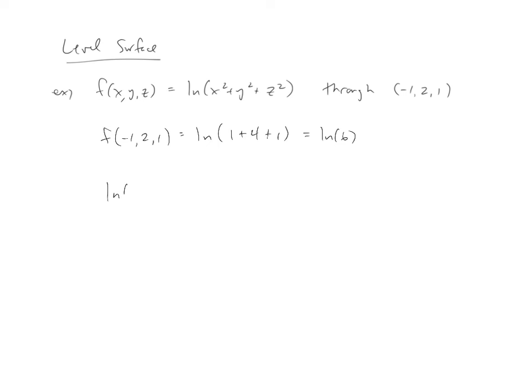Therefore, the natural log of x squared plus y squared plus z squared is going to be equal to the natural log of 6. And you can see this is a level surface going through the point negative 1, 2, 1.